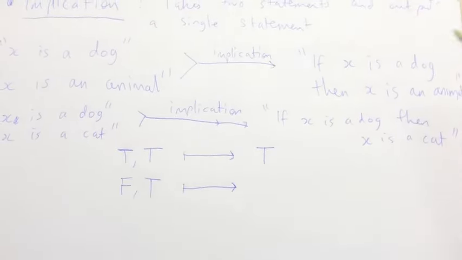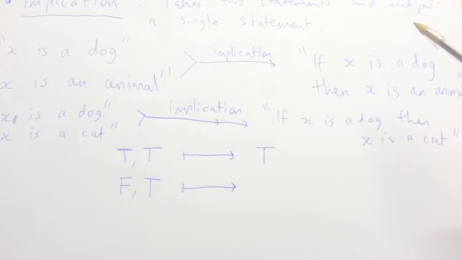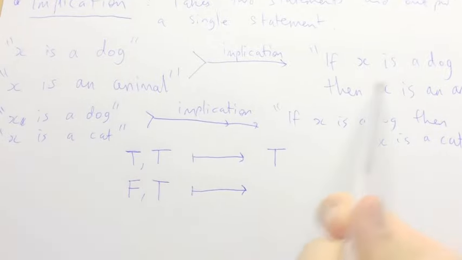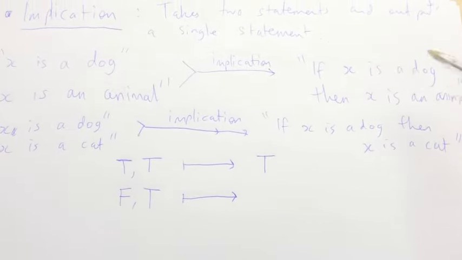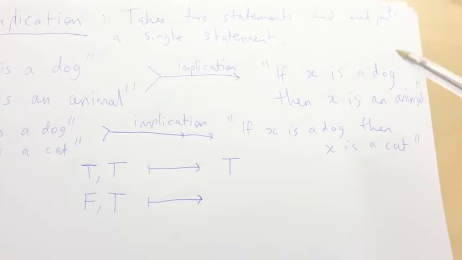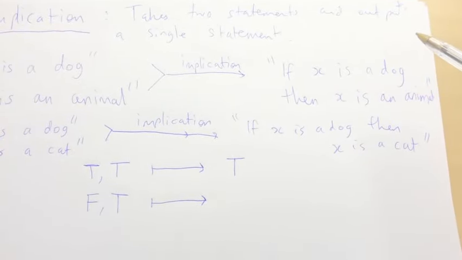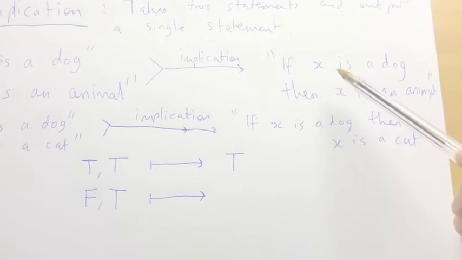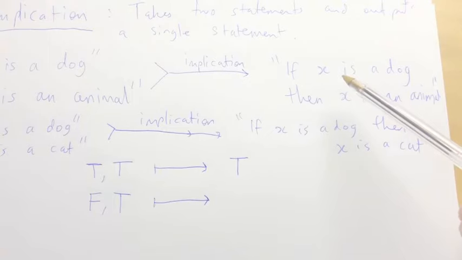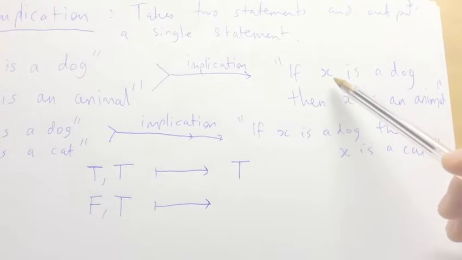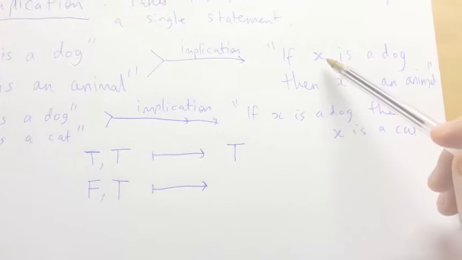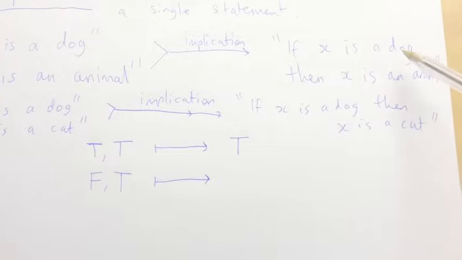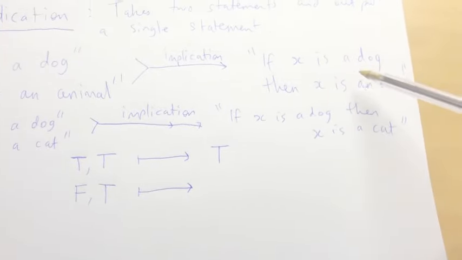Just because, if you think about the first statement, if X is a dog, then X is an animal, this statement is basically true for all X. And we sort of intuitively understand that, but we instinctively ignore the cases when X is not a dog, because if this condition is not satisfied, the statement is almost irrelevant.